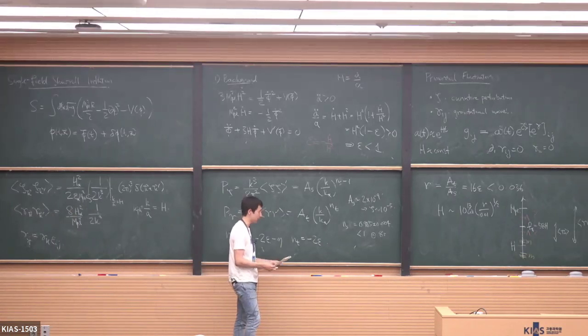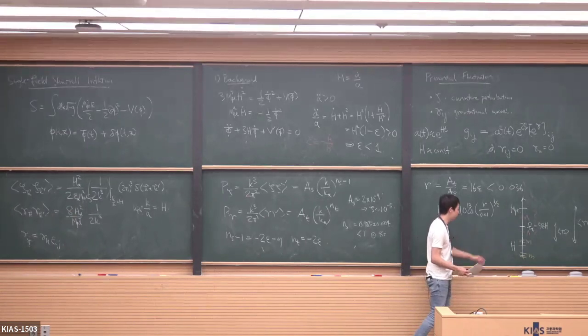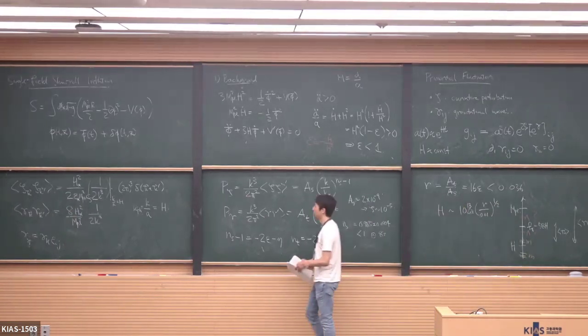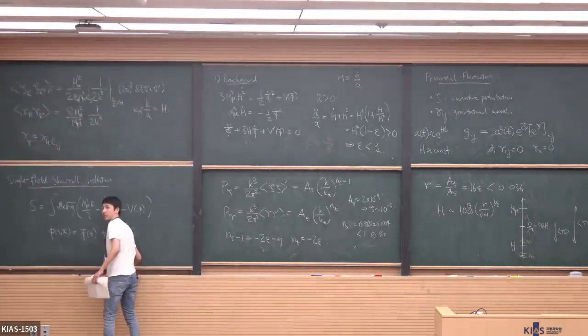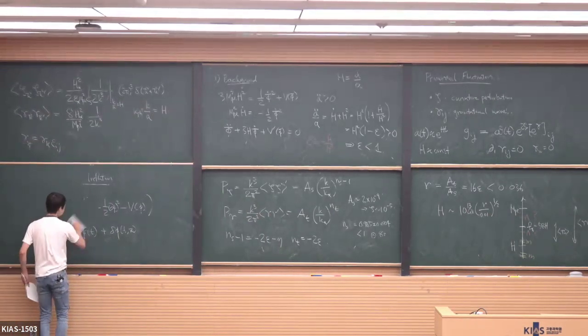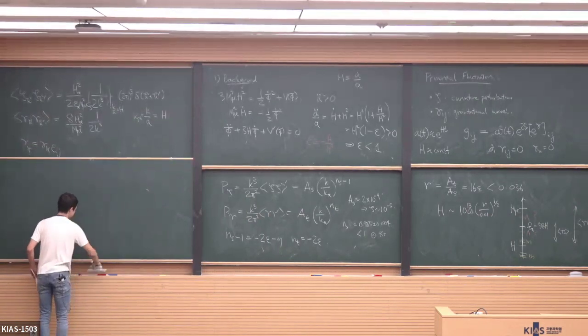Okay, so in order to really test the physics of inflation, the idea is to go beyond the two-point function and study what's called non-Gaussianities, which is basically another name for higher point correlation functions.